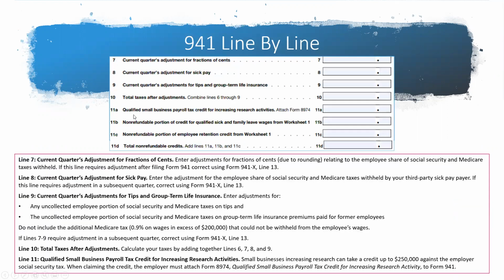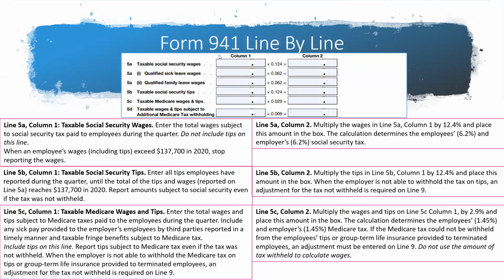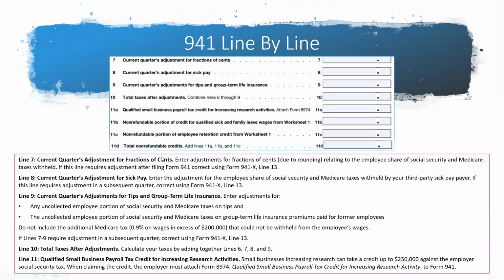Real quickly, let's jump back. So lines 11B, 11C, and 11D were also added from COVID. The 941 now has Worksheet 1, and it walks you through step by step using figures from the previous section, lines 5, all of the A's, B's, C's, D's, to walk you through the amounts that are going to go on lines 11B, 11C, and 11D.